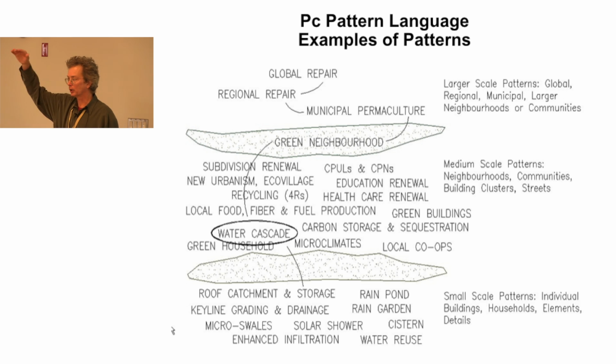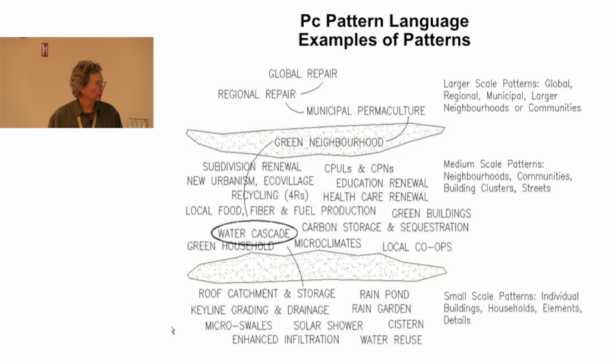It's basically taking water at the highest elevation and making the best use of it as it moves through the landscape until it finally gets infiltrated into the ground or taken out by a perennial river course of some kind or a lake. So we're kind of capturing that water and making the best use of it rather than just letting it dump right out. So these are all different patterns associated with that.